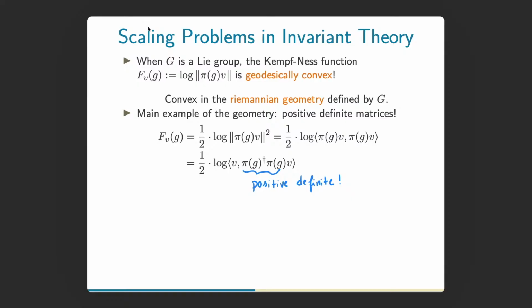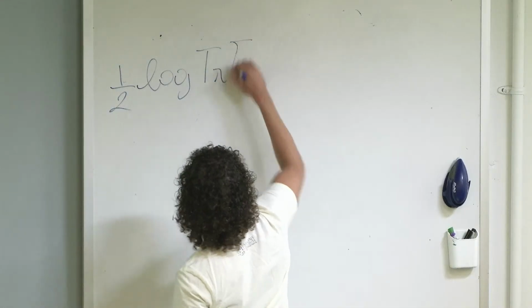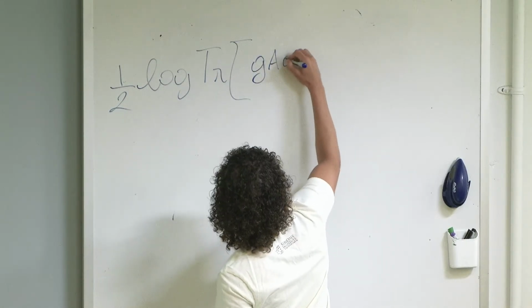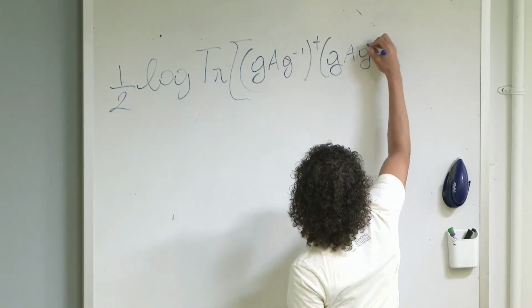So let's go back to our simple example, the conjugation action. Here's my norm, the Frobenius norm. The log norm is half of the log of the Frobenius norm squared. But the Frobenius norm squared is the trace of A star A, or A dagger A. So it's going to be half of log of the trace of (G A G inverse) star times G A G inverse.